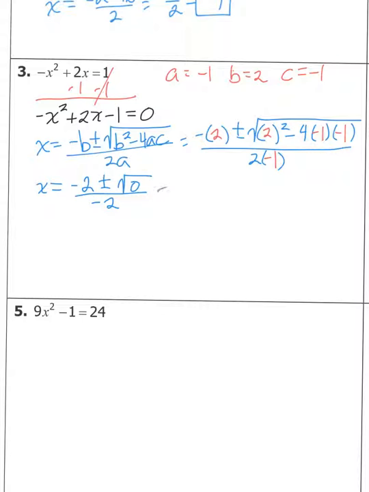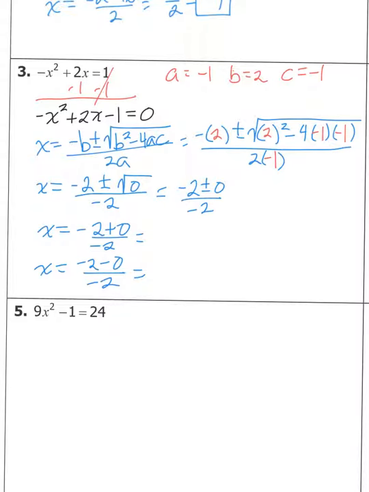So the square root of 0 is 0, so I get -2 plus or minus 0 divided by -2. I can split that into two answers, -2 plus 0 divided by -2 and -2 minus 0 divided by -2. Well, -2 plus 0 is -2 divided by -2 is +1.